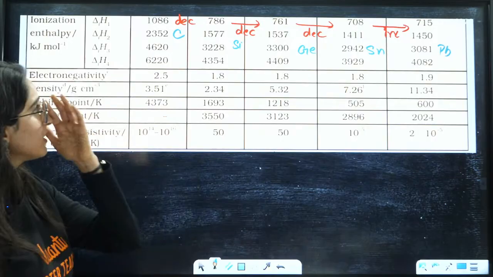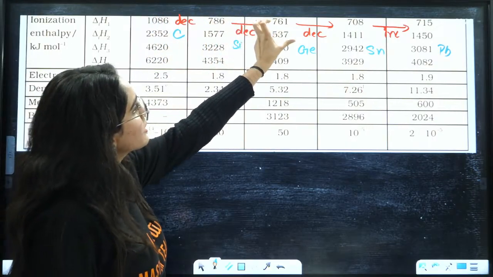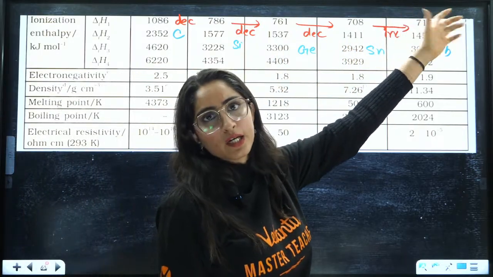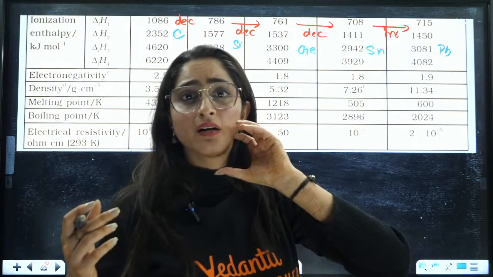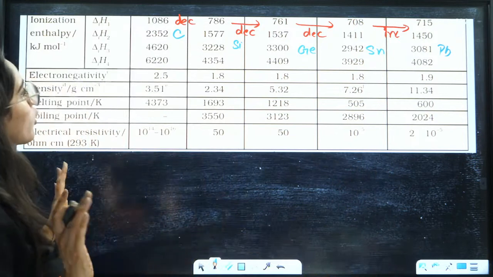So basically, here there is a large decrement, then a very small decrease, then a very small decrease, then again a very slight increase that you can observe, right? So the overall effect is of d and f electrons, the inert pair effect, the poor shielding effect, that you can observe here.